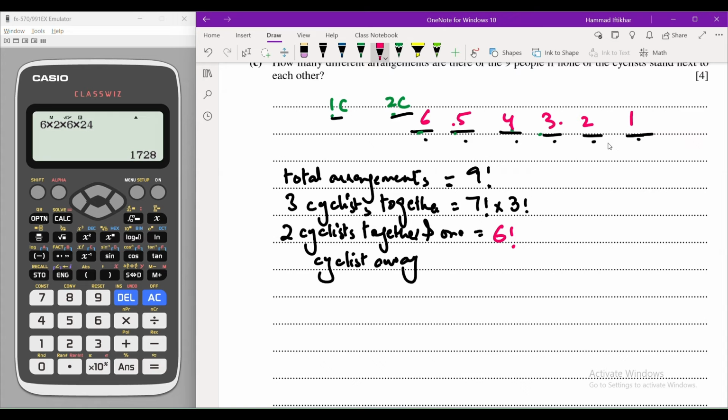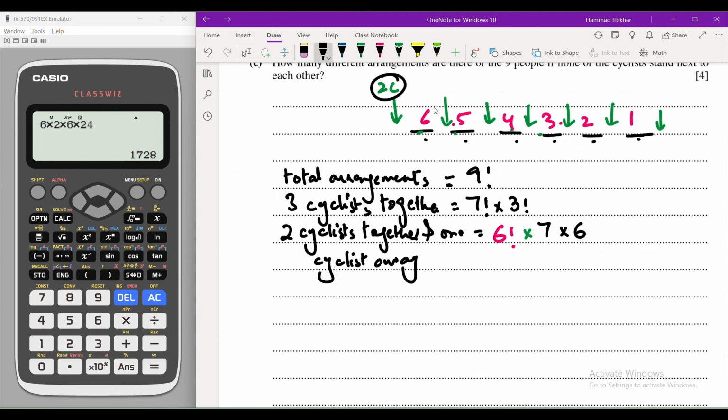And for the 2-cyclist group, let's say we have 7 choices. If I have 7 choices for the group, the other cyclist has to be away, so it's 1 less than that. So 7 times 6.